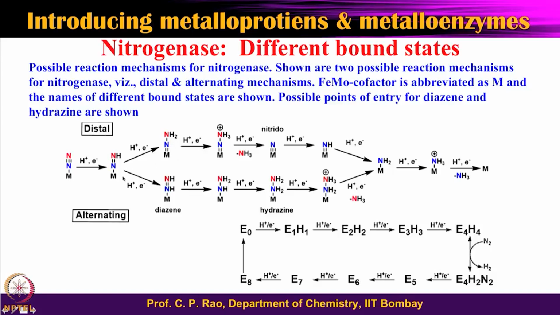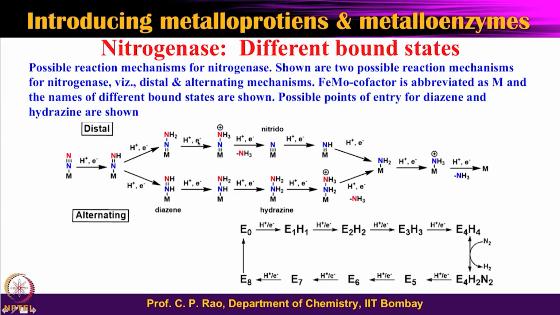The other path is where the first hydrogen is bound to the external or distal nitrogen, and the second hydrogen is bound to the metal-bound nitrogen. This is the other path, the alternating path. Take the first path. The first step of proton and electron, the second step of proton and electron gave M N NH2.